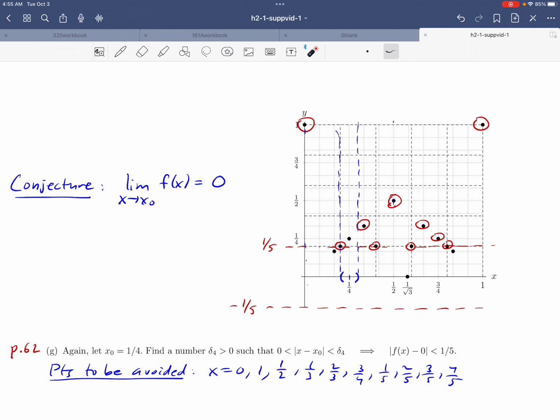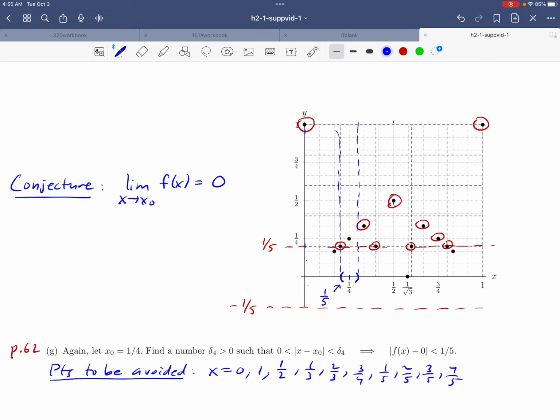All of the other points that we can't see are either going to be down here, if they're rational numbers, or if they're irrational numbers here. And the last question is, how big is that delta? Well, that would be the distance either from here to here, or we could also measure it on the other side because this neighborhood is symmetric. So we can measure that distance by figuring out what this point right here is.